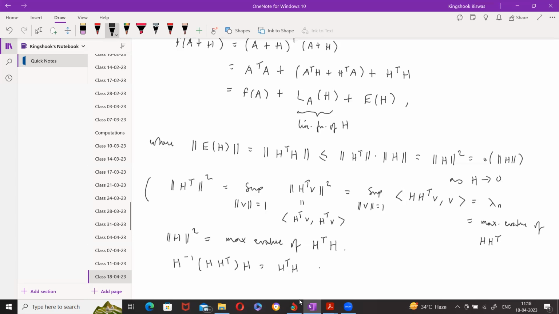Sir, I think since this is finite dimension, the norm of H transpose v squared, you can just break it using Parseval's identity and take H on the other side.